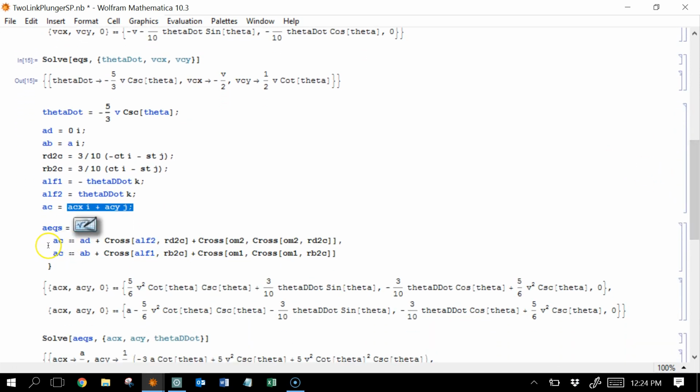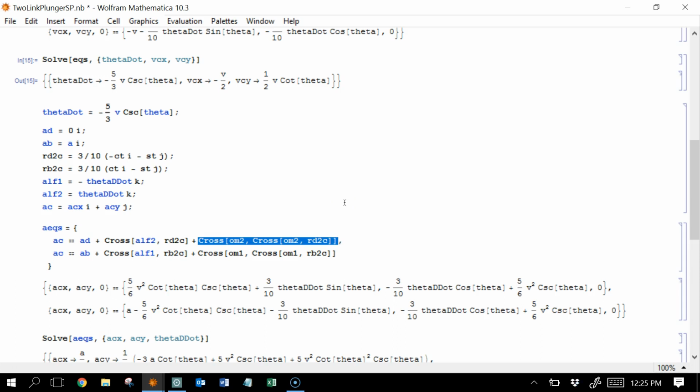Your acceleration equations, you had 2 velocity equations, so you'll have 2 accelerations. And so here they are. Acceleration of c equals acceleration of b plus alpha cross r. And then you could say minus omega squared r, but I wouldn't want to do 2 cross products by hand, though Mathematica can do it quickly.